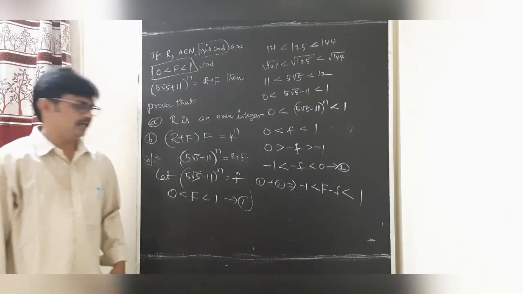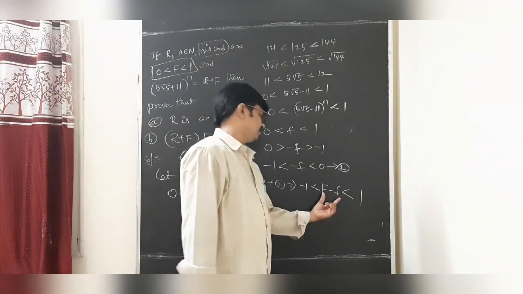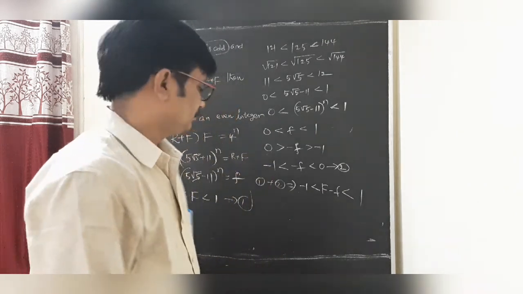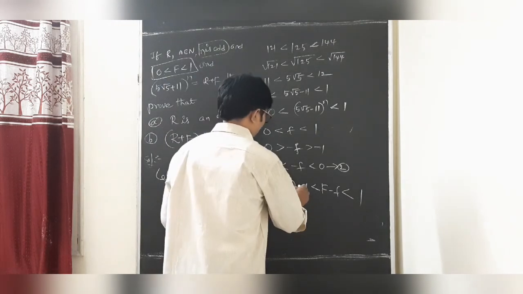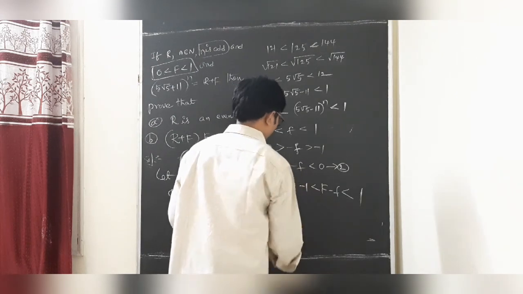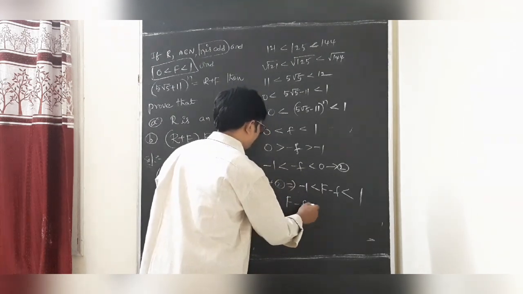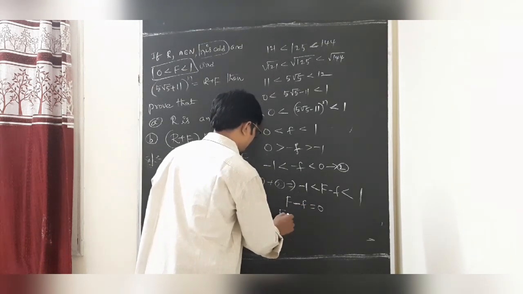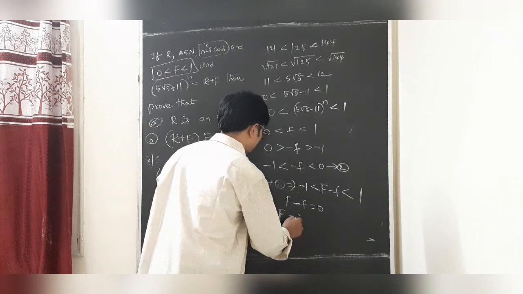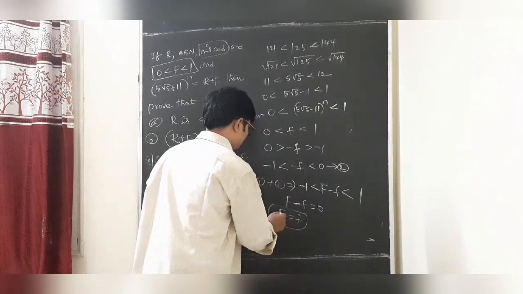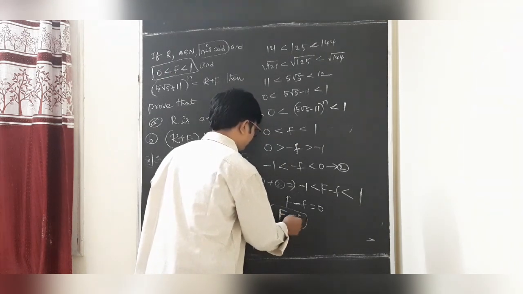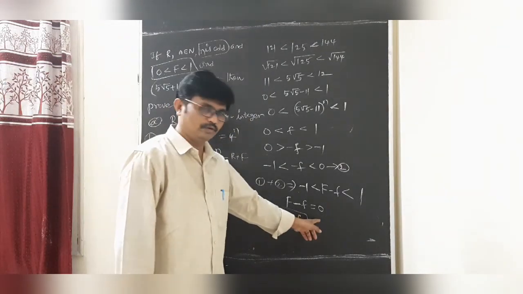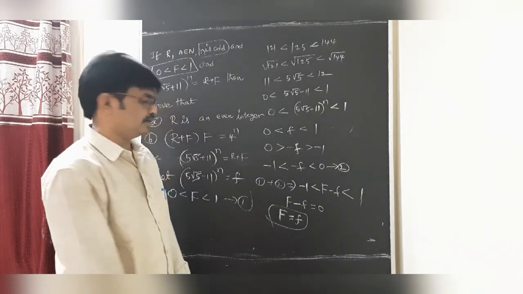So students, capital F minus small f lies between minus 1 and 1. So students, capital F minus small f will be 0. So capital F equal to small f. Is it clear students? The F minus f value is 0, capital F equal to small f.